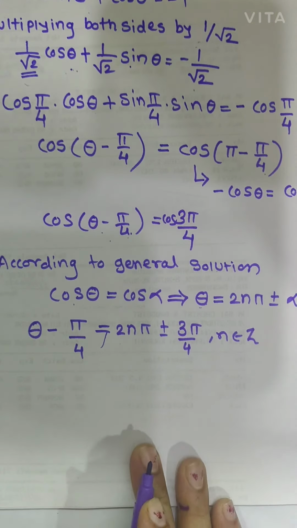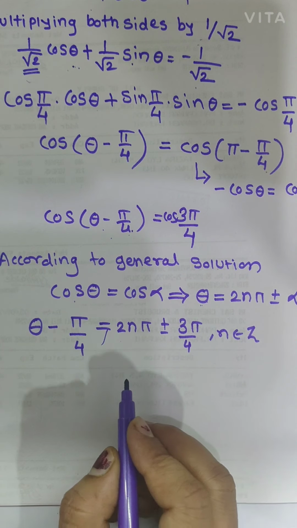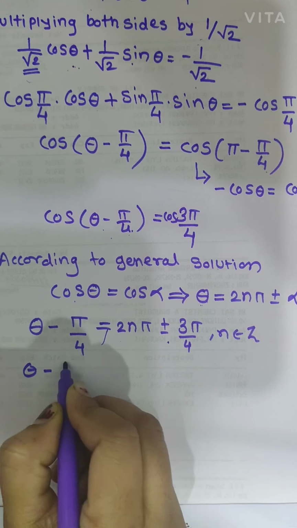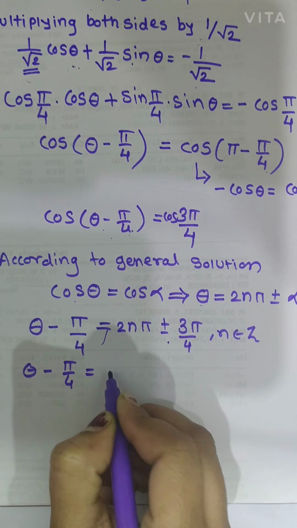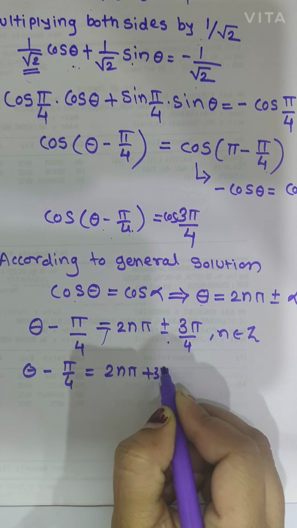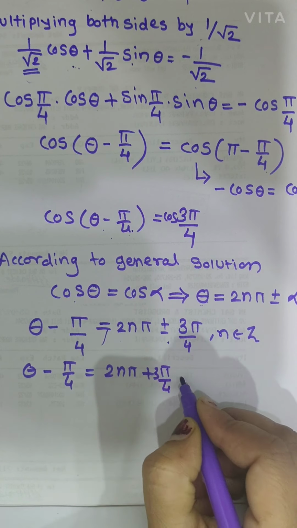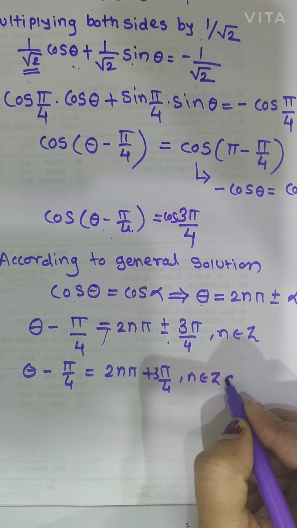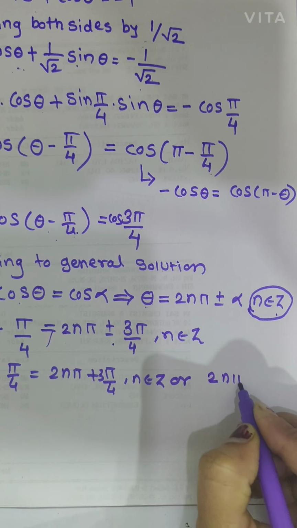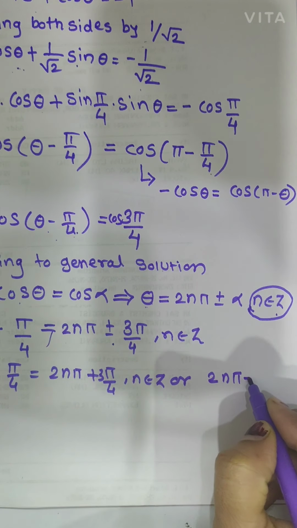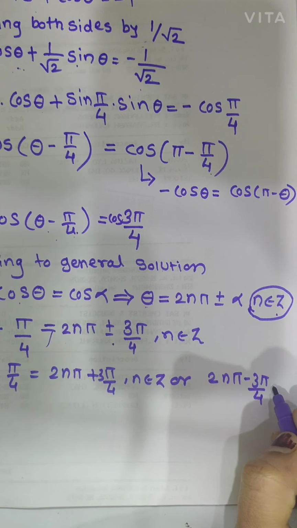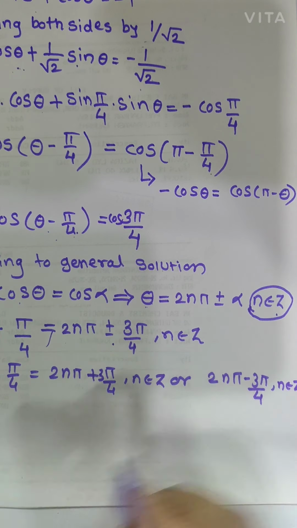Okay, now if you observe this, one is positive, one is negative, so theta minus pi by 4 is equal to twice of n pi plus 3 pi by 4, where n belongs to z, or 2n pi minus 3 pi by 4. The condition is that n belongs to z.